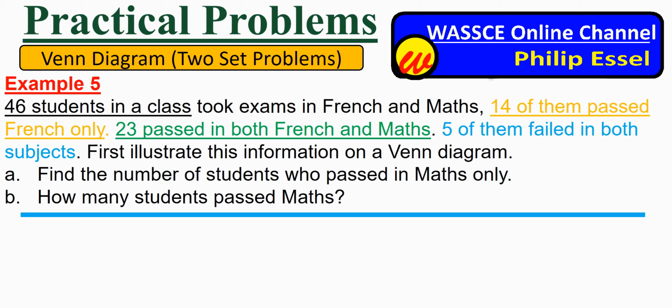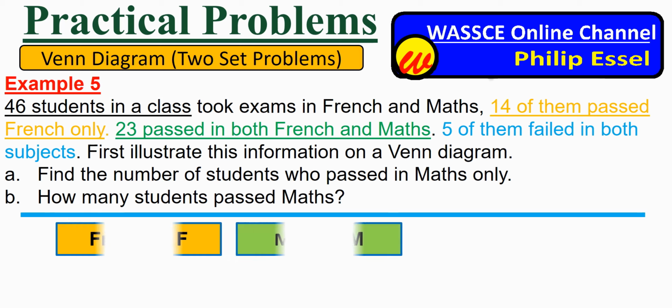So we would represent French by capital F and Maths by capital M. From the question, the total number of students who took the exams was 46. So that means that N total is equal to 46. So let's write that information down.